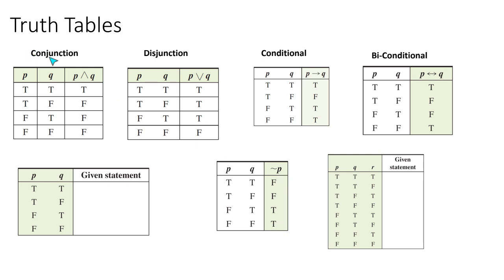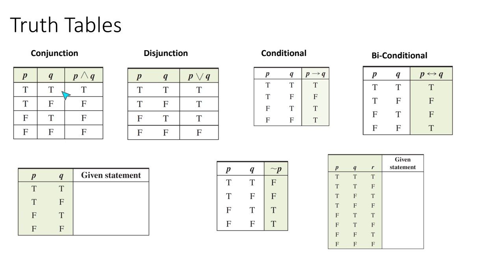Okay. Now for the conjunction, we have the following. So we want to know what happens, how do we end up with these answers over here? Okay, so let me give you an example. Let's say that I'm going to hire somebody for a job, and there's a newspaper posting, and it says that I'm hiring a person that has a bachelor's in math and 10 years of experience.